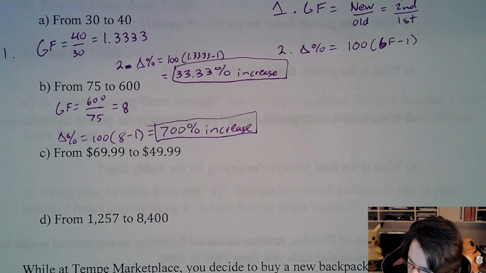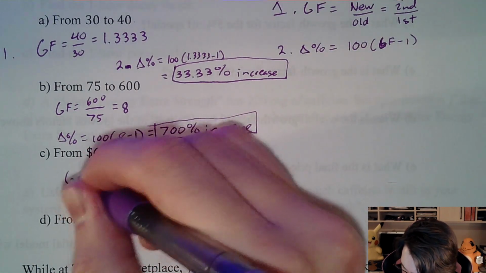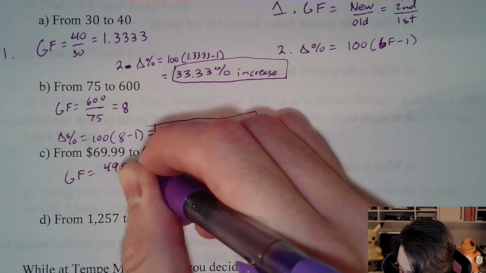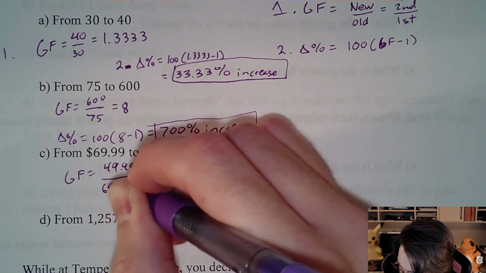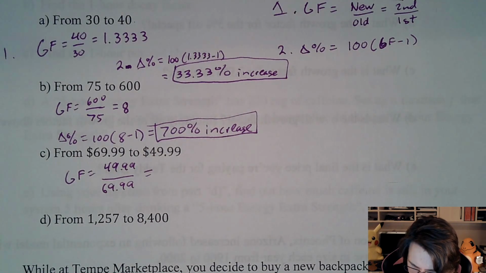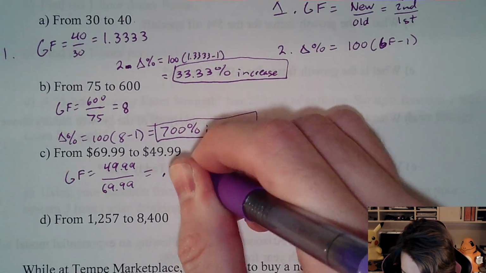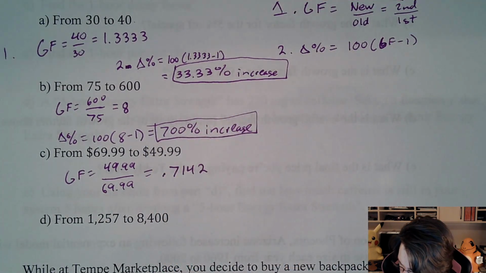In order to do this, we're going to start off with our growth factor. That's going to be 49.99 divided by 69.99. Turns out this is going to be 0.7142.